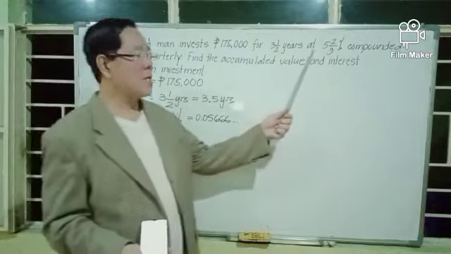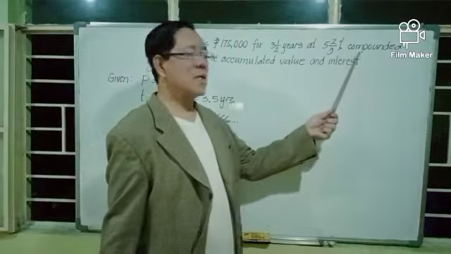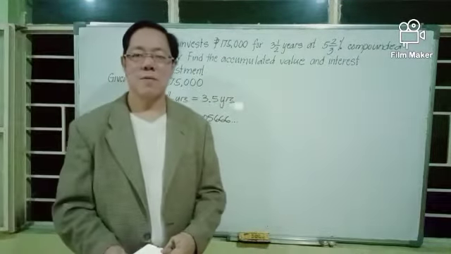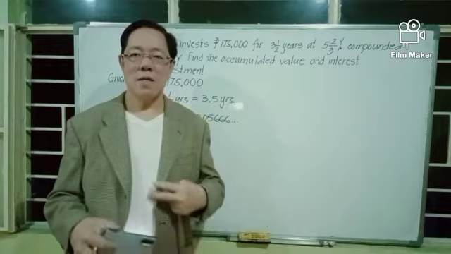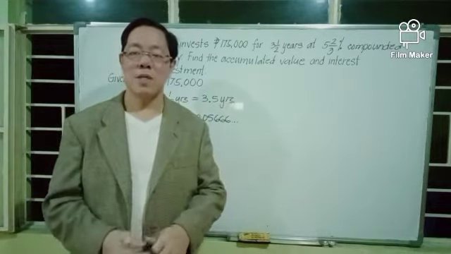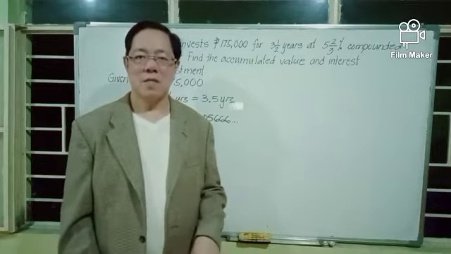And the problem says this compound interest rate of 5 2/3% is compounded quarterly, which means that the interest will be computed quarterly. That means 4 times a year, every 3 months.